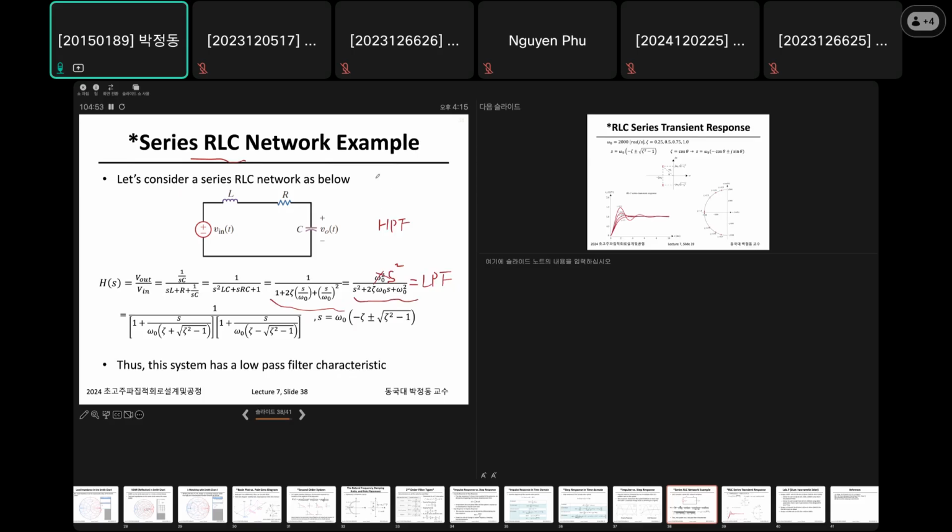For the notch, you have S square plus omega 0 square, right? For the bandpass, you have omega n divided by Q, because this defines the bandwidth, and S at the numerator, right? That's it. So you have two solutions. One is plus, the other is minus, right? So you have two solutions.